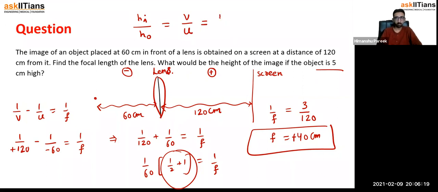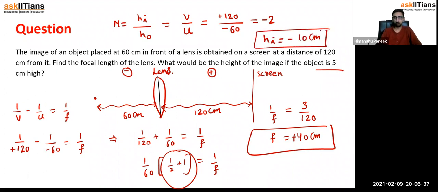So v is plus 120. How much is the u? It's minus 60. So the magnification we are getting is minus 2. hi upon ho, so what will be the height of the image? It will be minus 10 centimeters. So the image is real, it's inverted, and at the same time it is enlarged.